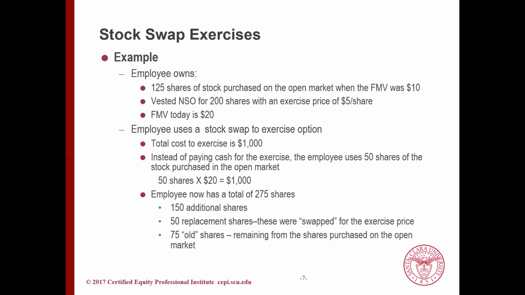That leaves her with what we call 50 replacement shares and 150 additional shares, plus the remaining 75 shares she didn't use for the swap. So remember, she owned 125 shares outright. She had to swap in 50 of those to acquire her 200 stock options. And so we've got 50 replacement shares and 150 additional shares, which constitute the stock option exercise, plus she has 75 shares remaining that she owns outright from that 125.